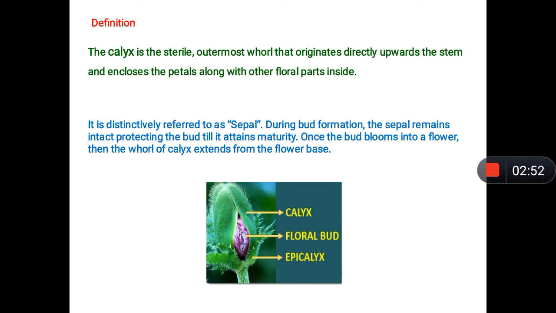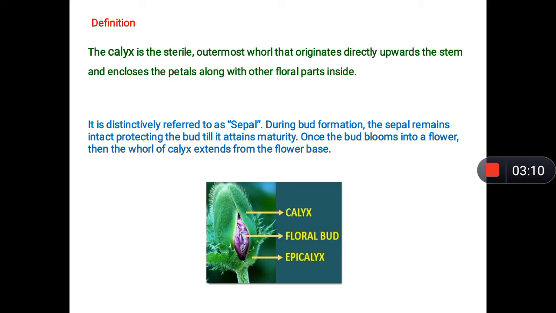But in due course of the development of the flower, when the petals emerge out, the calyx is still there, but it is present at the base of the flower.